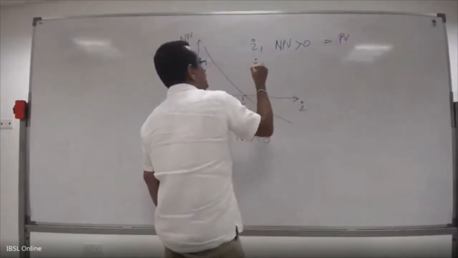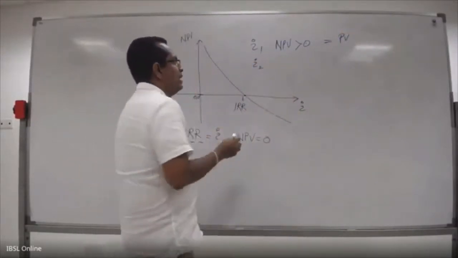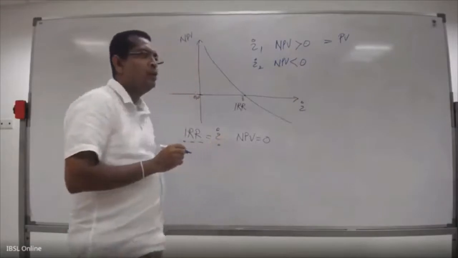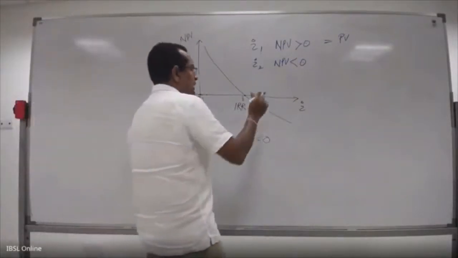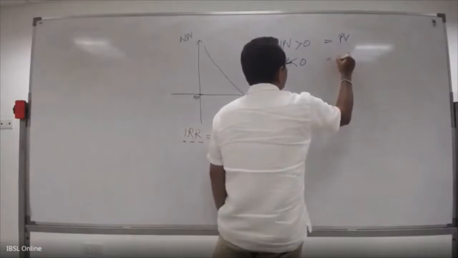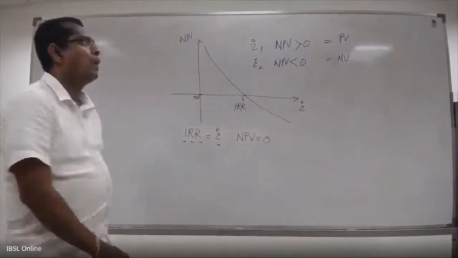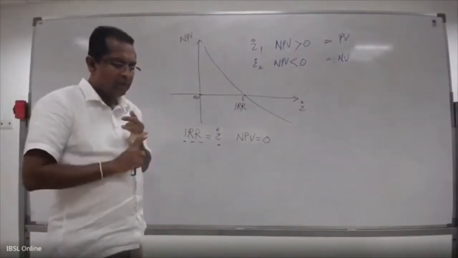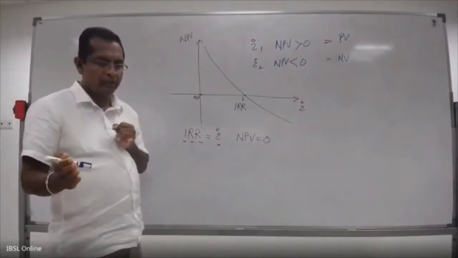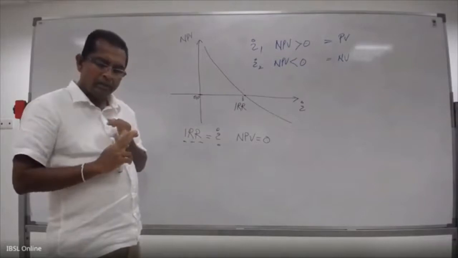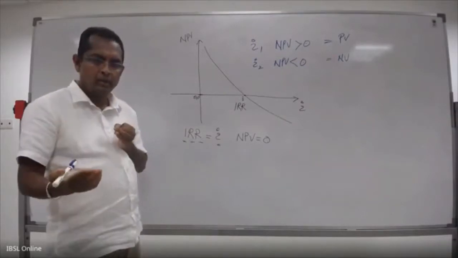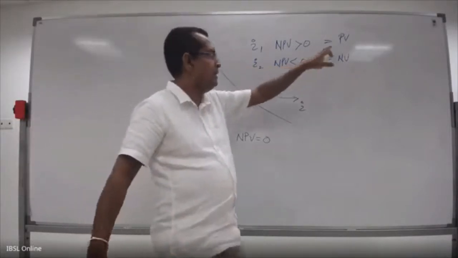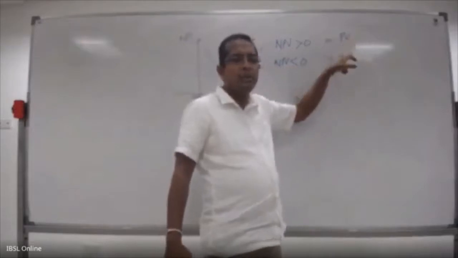Then I need another interest rate where NPV is less than 0 but near 0, negative but near 0. That is called the negative value. I have to calculate 2 interest rates. For the first interest rate, NPV should be positive but near 0. For the second one, NPV should be negative but near 0. I need these 2 interest rates and these 2 NPV values, positive value and negative value.